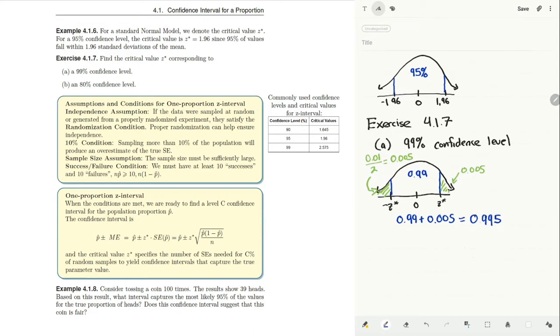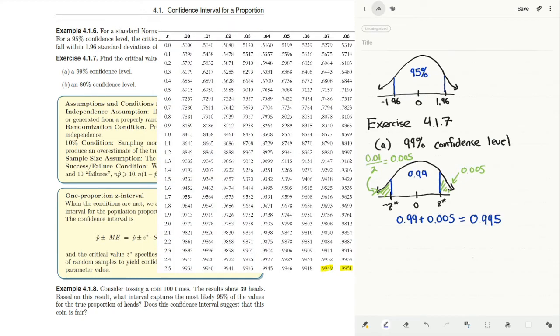So now we want to look inside of the Z table for the two closest values to 0.995. So the two closest values are 0.9949 and 0.9951.